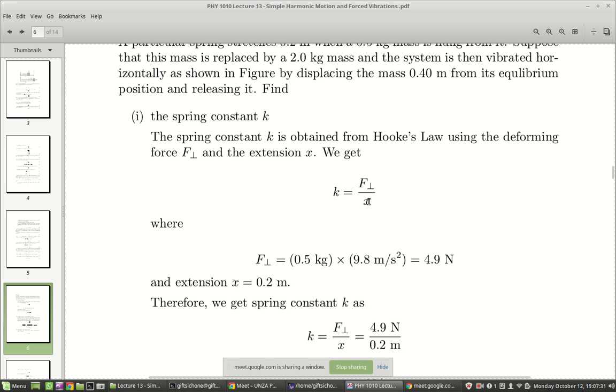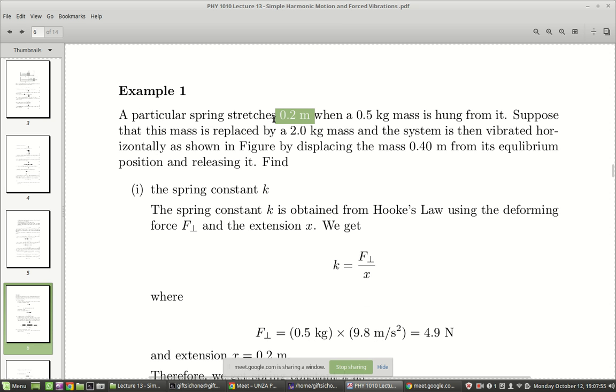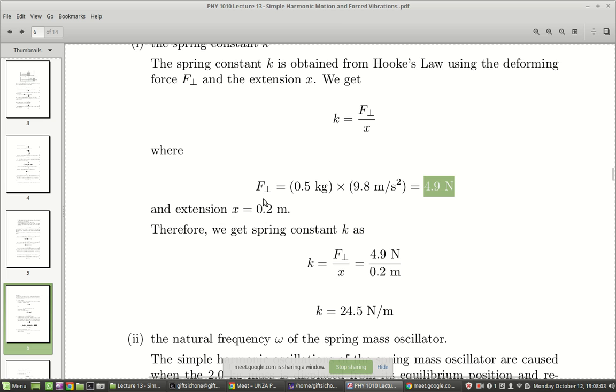So using the force of 4.9 newtons and the extension of 0.2 meters, we can work out the spring constant K as the force divided by the extension, which is 4.9 newtons divided by 0.2 meters. So we get a spring constant K of 24.5 newtons per meter. This is the spring constant for the spring.